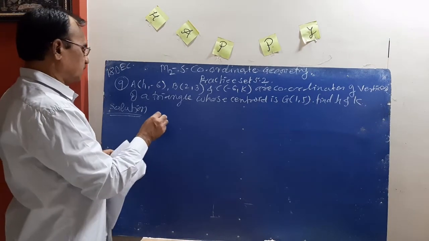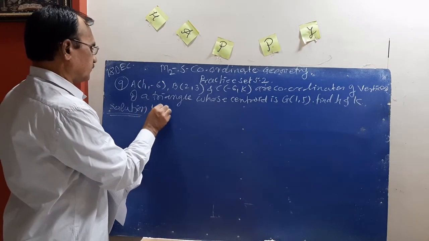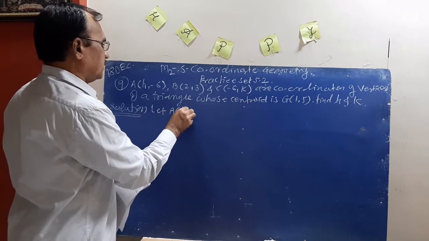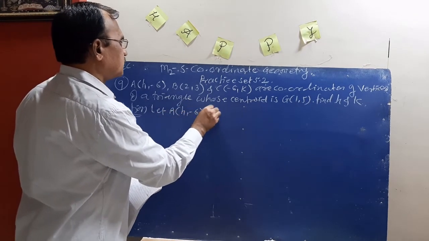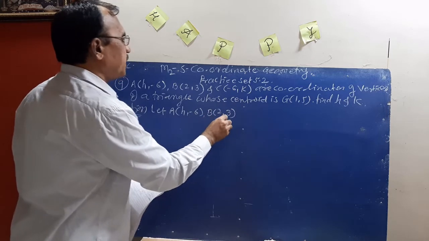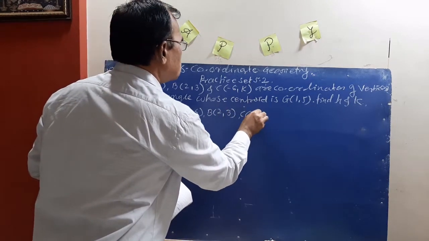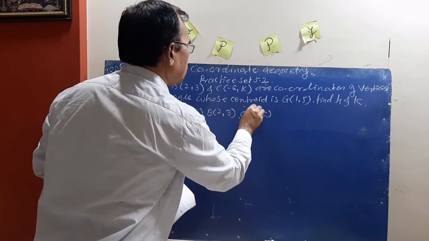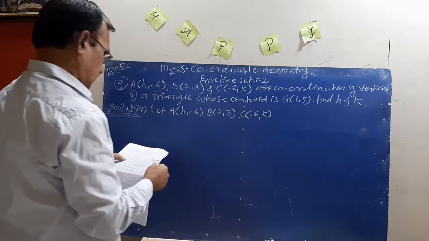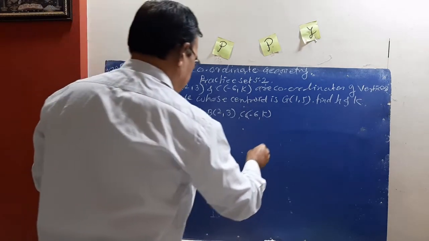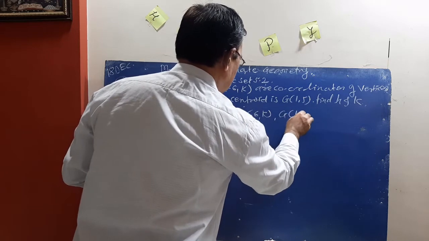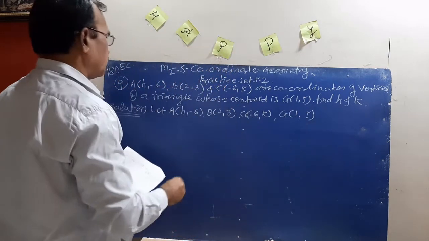Let A(h, -6), B(2, 3), C(-6, k), G(1, 5).